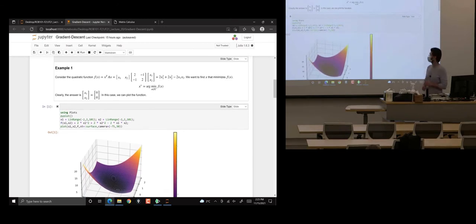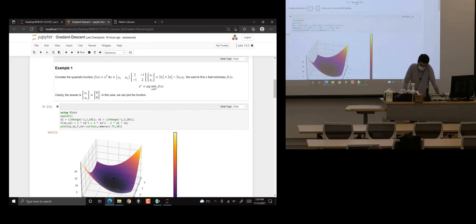Let's look at the first example. I have a quadratic function, x transpose times a matrix A times x. A is a specific fixed matrix. You can calculate this quadratic, which will give you a polynomial.